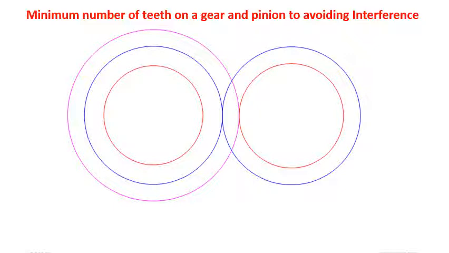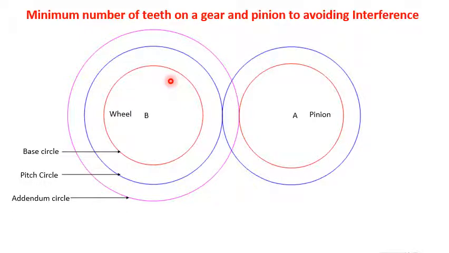Here A represents the center of the pinion and B represents the center of the gear. This is the wheel or gear and this is the pinion. The blue circle represents the pitch circle, the pink circle represents the addendum circle, and the red color represents the base circle.